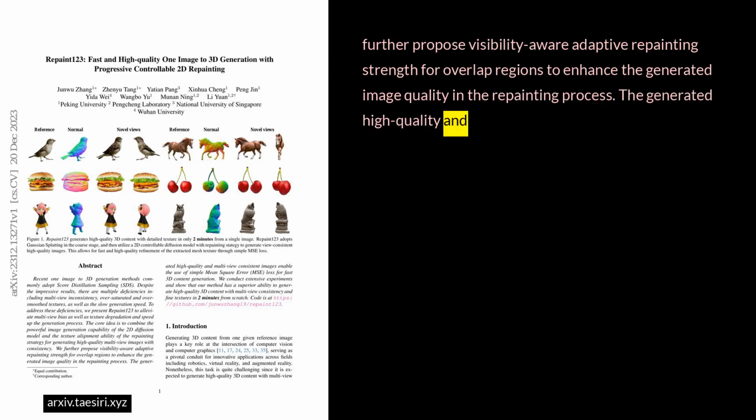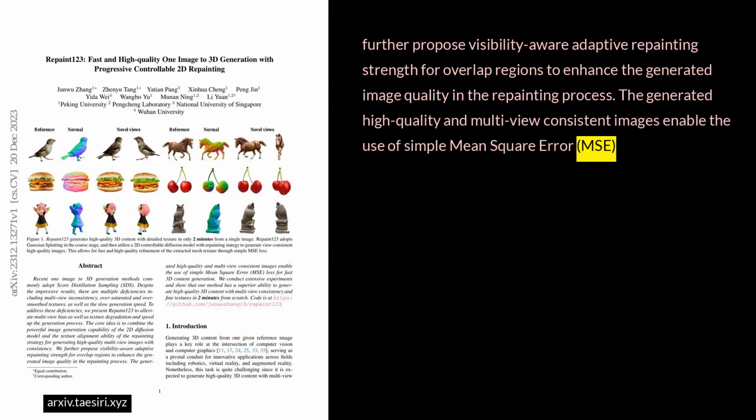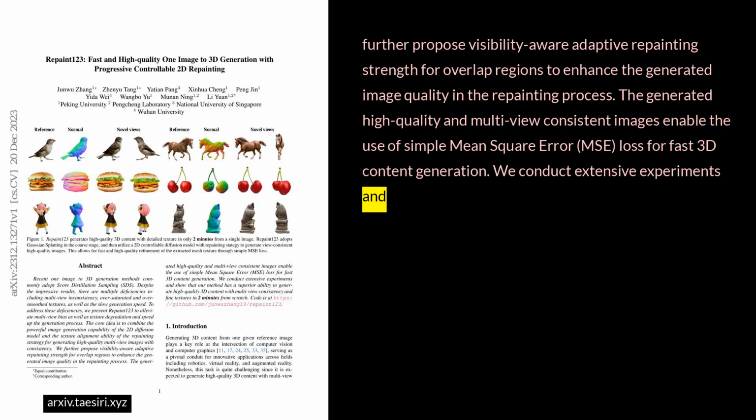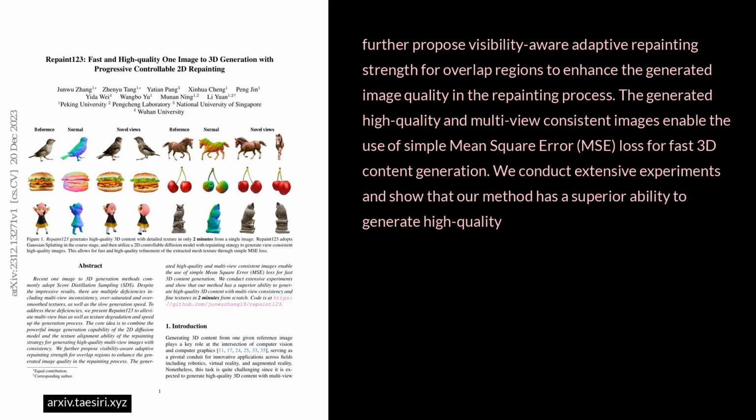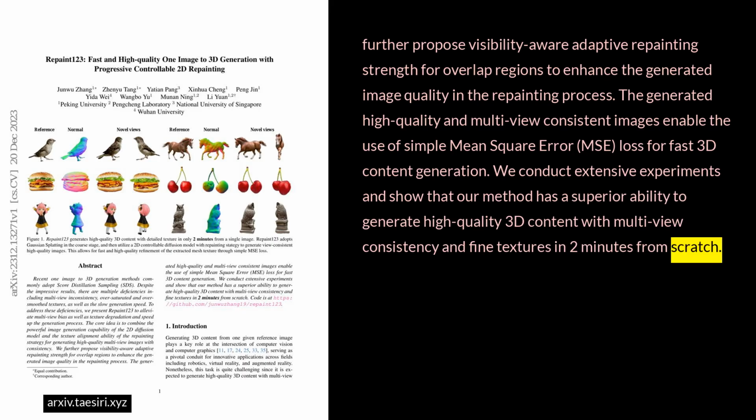The generated high-quality and multi-view consistent images enable the use of simple mean square error (MSE) loss for fast 3D content generation. We conduct extensive experiments and show that our method has a superior ability to generate high-quality 3D content with multi-view consistency and fine textures in 2 minutes from scratch. Code is at the project's website.